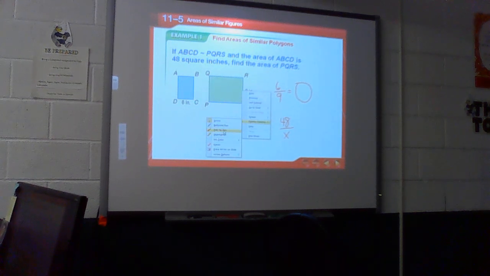So if they give you a scale factor with respect to the regular sides, which this would be, 2 to 3 for my sides, I need to take that scale factor and square it to use it in this proportion down here where we are dealing with areas. So if I take 2/3 and square it, what would my ratio be? 4/9, right?